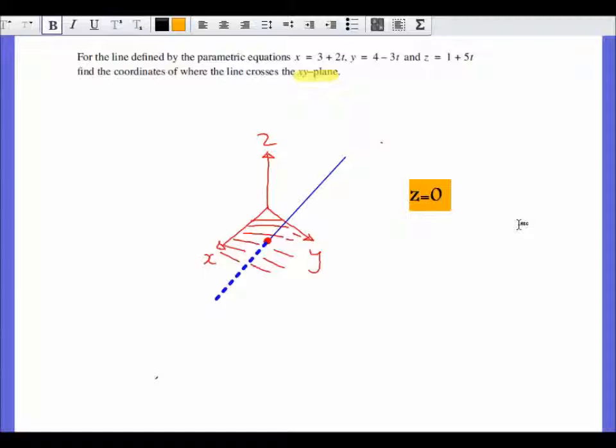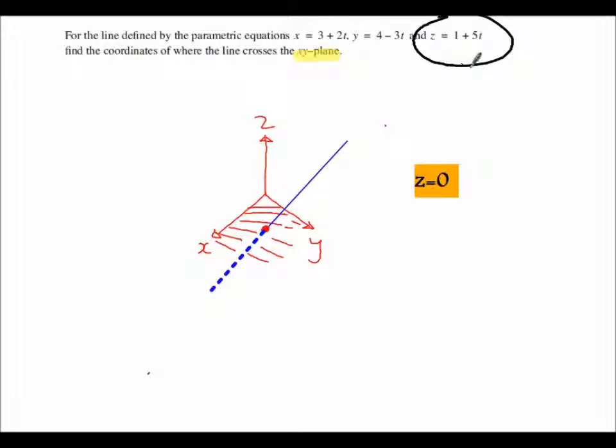So if you know that the Z coordinate is equal to 0 on this plane, then the Z coordinate is equal to 0 for the line here, and that's really useful for helping us find the point that we want. Okay, so what we're going to do is use the fact that we know that Z is equal to 0 there and work out our parameter t, and then using that we will work out the coordinates of the point.